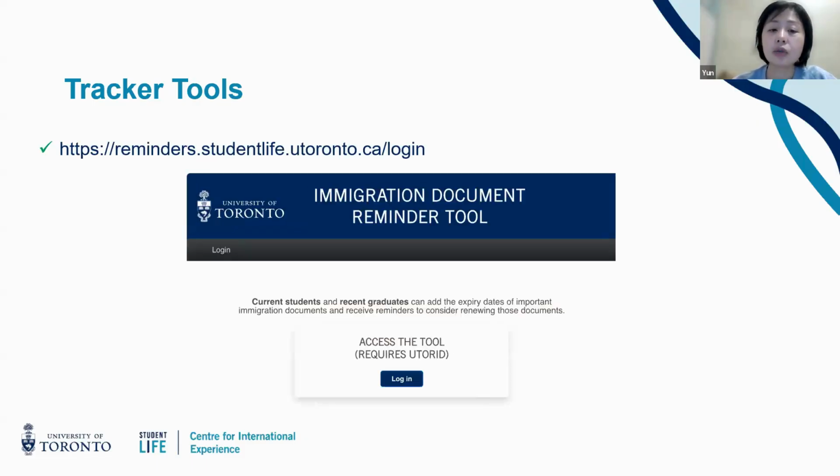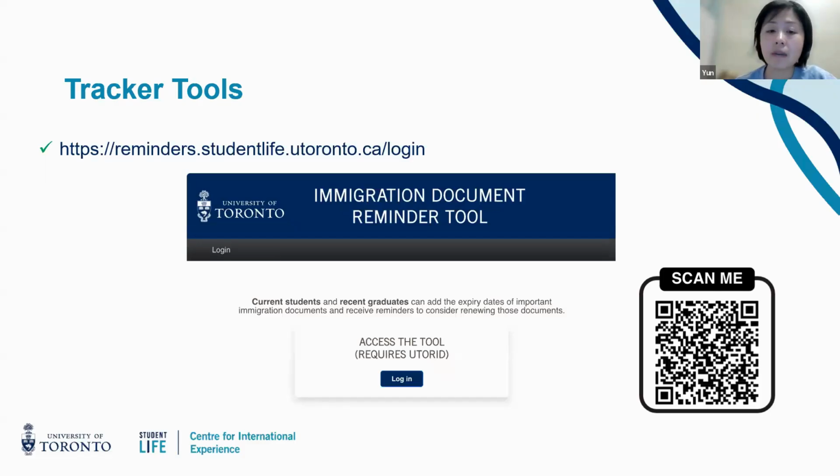And the second tool that we have developed for our students here is an immigration document reminder tool. So you have your study permit, you have your TRV, but it's kind of challenging for you to always remember the expiry dates of those documents, right?